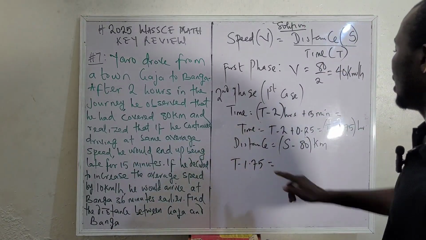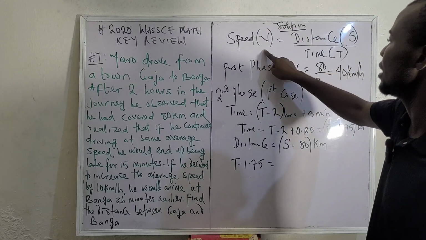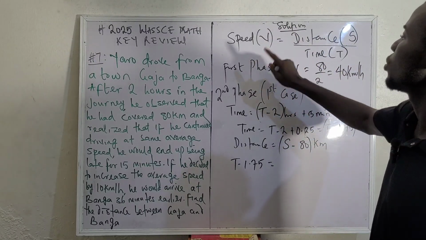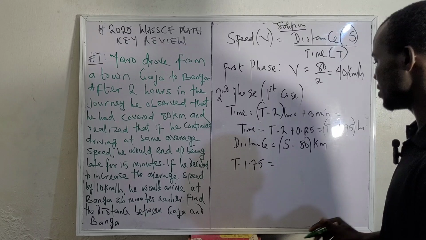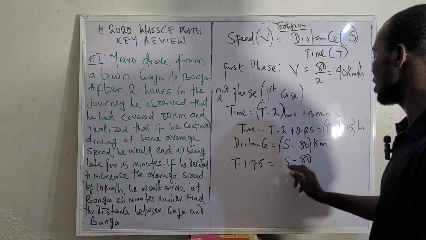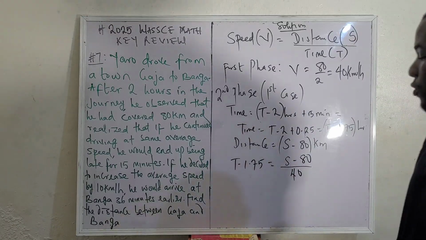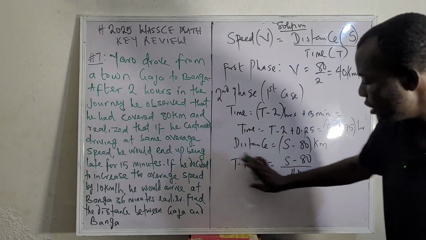So if you make time the subject of formula here, you are going to have time equals distance over speed. So our distance is S minus 80, and the speed does not change. It is 40. Now look at this particular one.